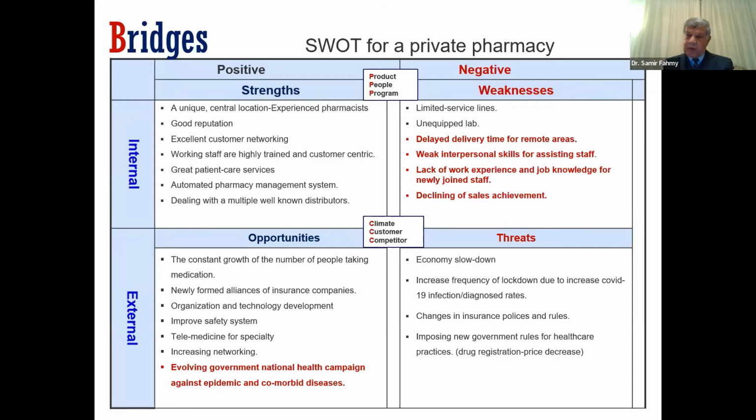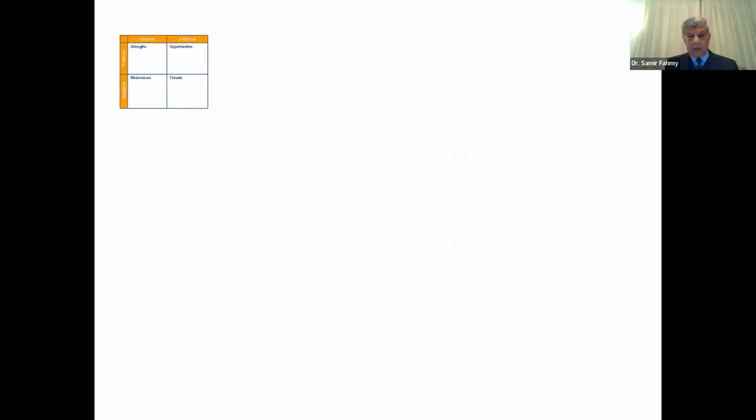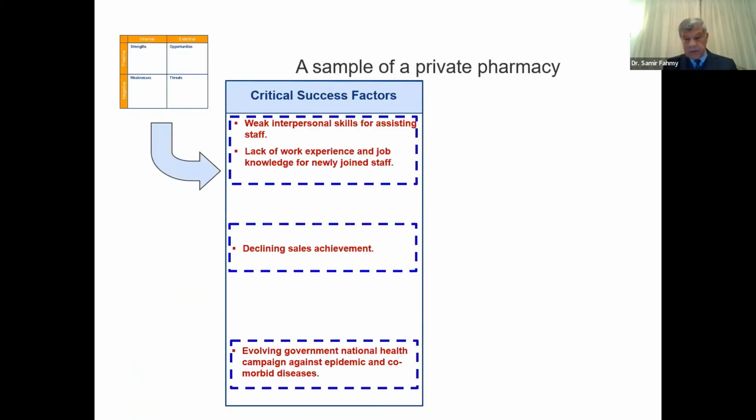That is again to remind you, a sample of the red lines, which we consider the critical success factors for the private pharmacy sample. Then we take out these critical success factors to put them here, and then we consolidate and group the related issues together. For instance, we said weak interpersonal skills for assisting staff and lack of work experience and job knowledge for newly joined staff.